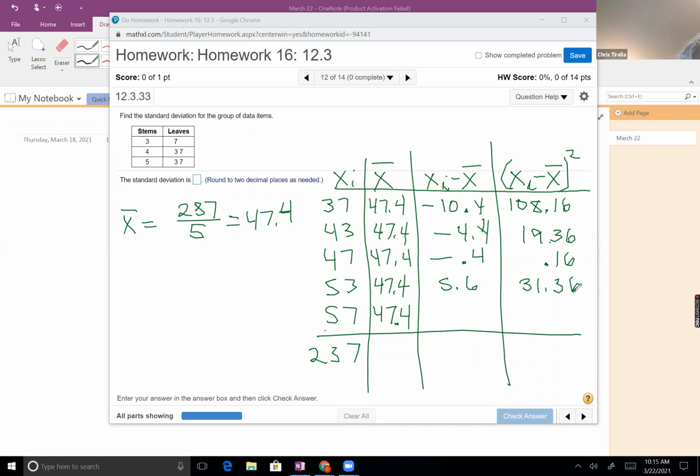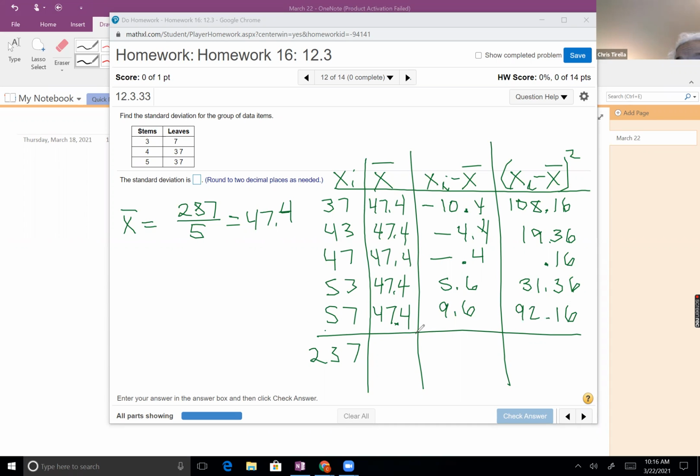Then 57 minus 47.4 is going to give me 9.6. When I square that, I'm going to get 92.16. Is everybody comfortable with where all of those numbers come from? Yeah.